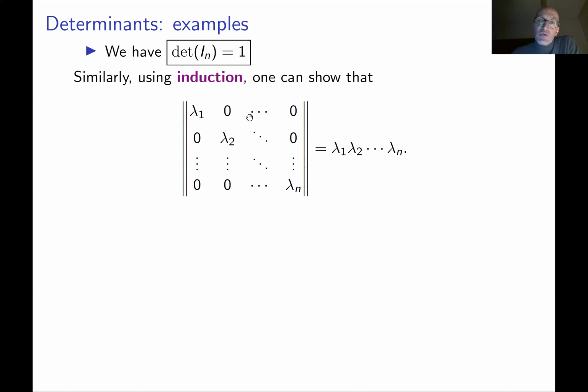Or you can consider what are called lower triangular matrices. Now below the diagonal you have arbitrary numbers, and on top of the diagonal you have zeros. You still can apply the same formula and you get the product of the diagonal elements. It all more or less follows from our definition and the proposition on the previous slide.